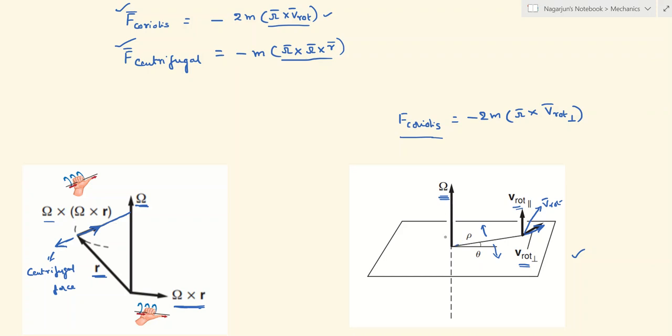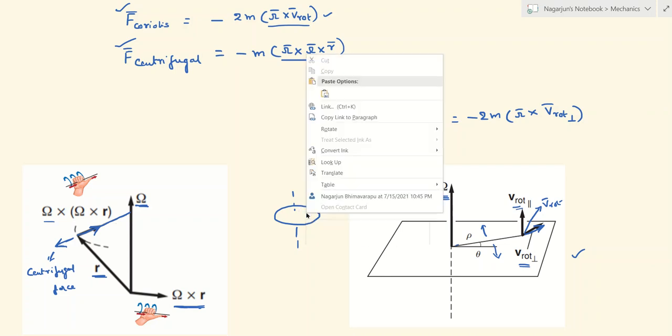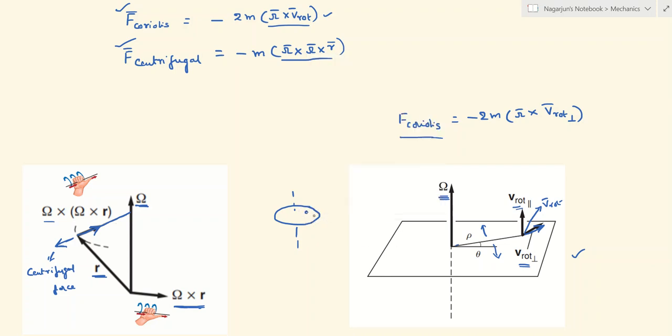Imagine this is a circular disc and this is the axis of rotation. If I put a small object here and rotate the disk in this direction, with this as v bar rotation, this as omega bar, and this as the perpendicular component of v bar rotation, then minus omega bar cross v bar rotation will be in this direction.